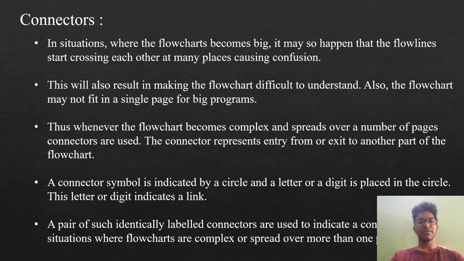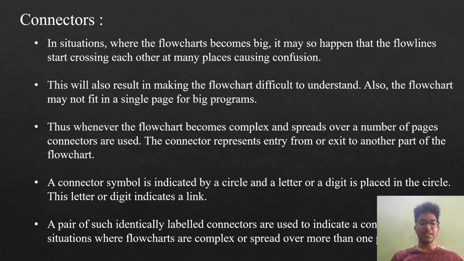Connectors. In the situation where the flowchart becomes big, flow lines start crossing each other at many places, causing confusion. This will also make the flowchart difficult to understand. Also, the flowchart may not fit on a single page for big programs. Thus, whenever the flowchart becomes complex and spreads over a number of pages, connectors are used. A connector represents the entry from or exit to another part of the flowchart.